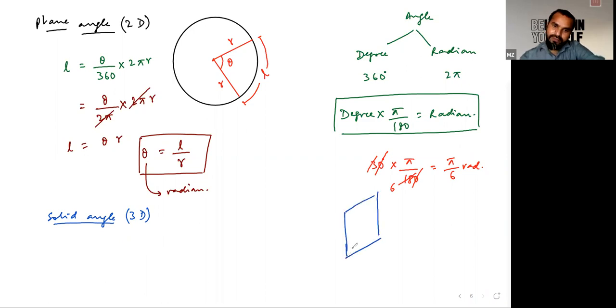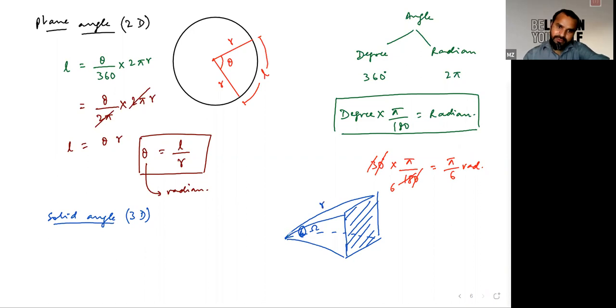So if I define an arc in front of that particular vertex like this, you are giving 4 radius, yeah? If I have assumed a sphere and I have cut a small section from its center, it will look like some area in front of it, and the angle inscribed at the center, we call it solid angle and represented by omega.